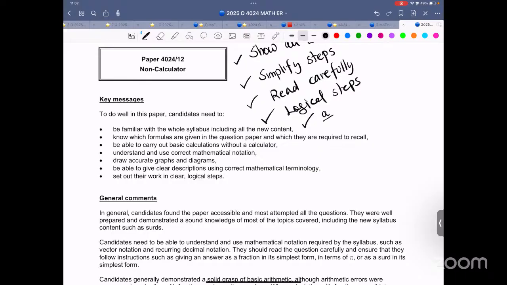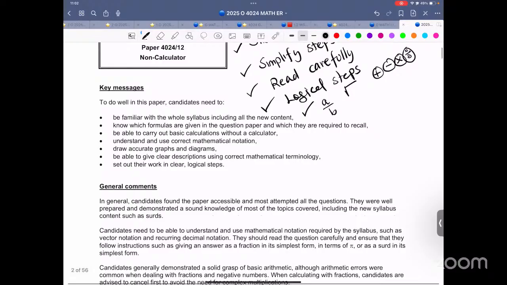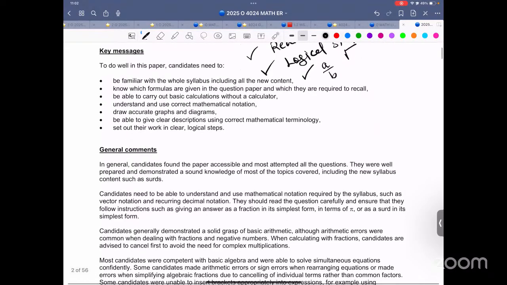So either it would be about fractions, or it would be about surds, take care of plus, minus, multiplication, division, all these things. And basically, whatever you have done, just realize what exactly needs to be done. So now over here, let me start highlighting it.